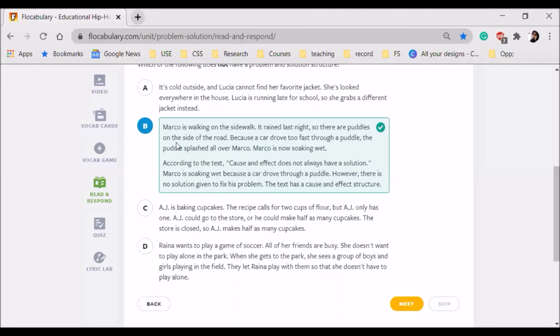It is kind of a cause and effect. The cause is he's walking on the sidewalk, and since it's raining or there are a lot of puddles, what happens as a result? He is getting wet. So this is a cause and effect statement.